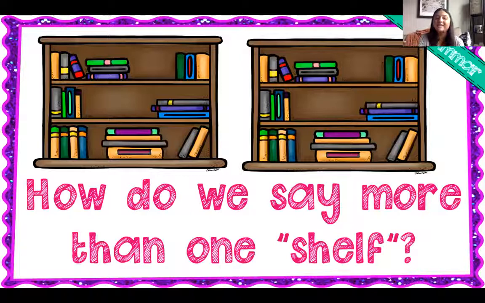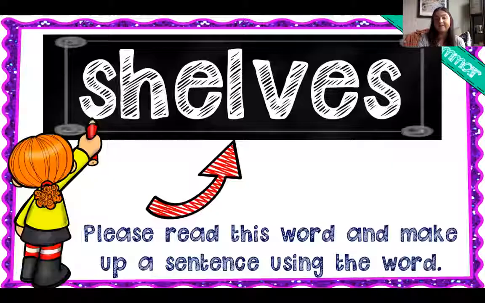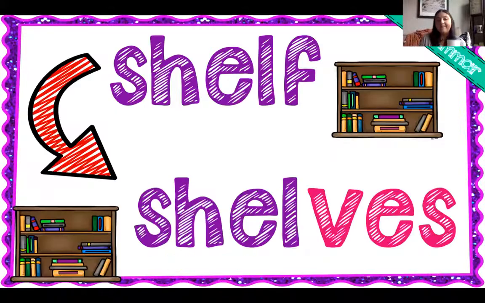Now, how do I say that I have more than one shelf? I have shelves. Shelves. All right, so I have 3 bookshelves in my classroom. Listen to that sound, shelves. For this rule, what happens is I take off the F and I have to add VES.